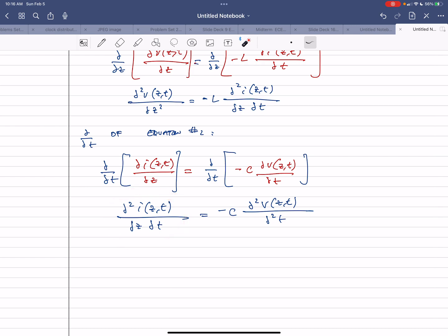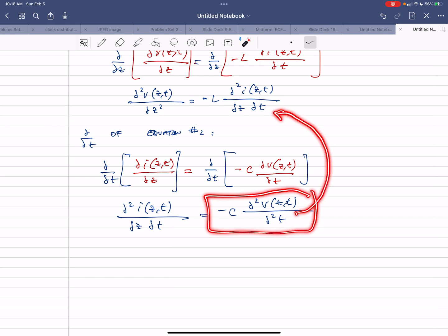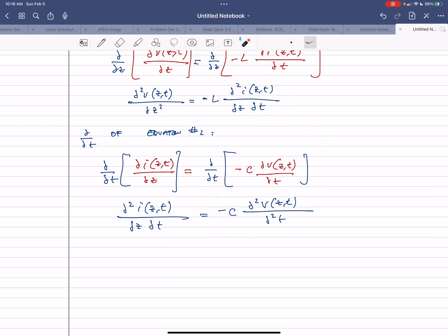So I can substitute this in for this and end up with voltage on both sides. And I can do the same thing with the current equations. So you end up with two new equations.